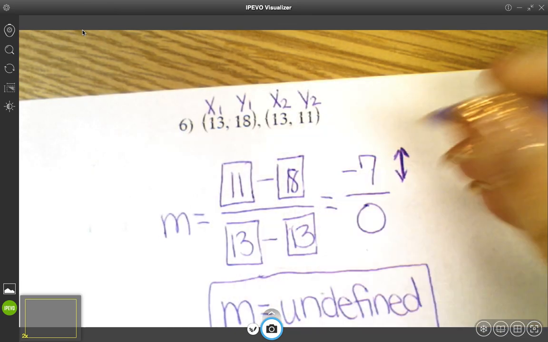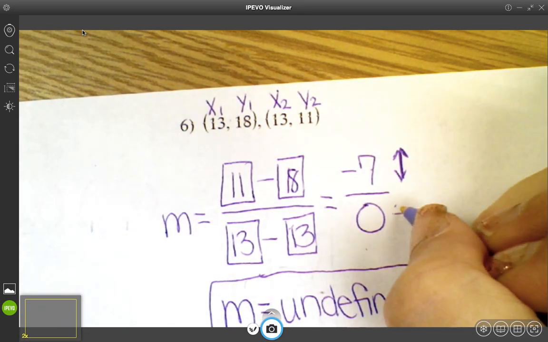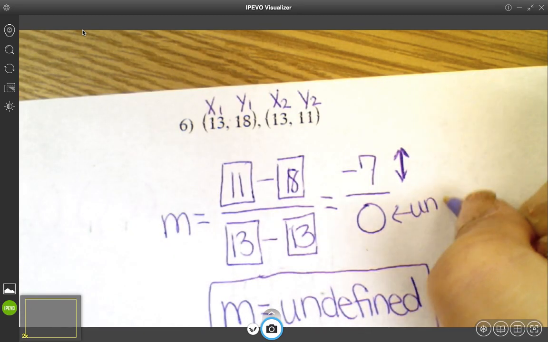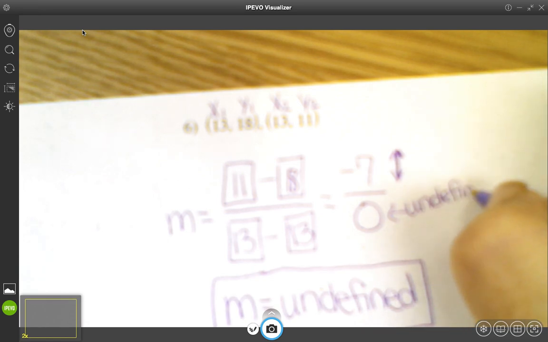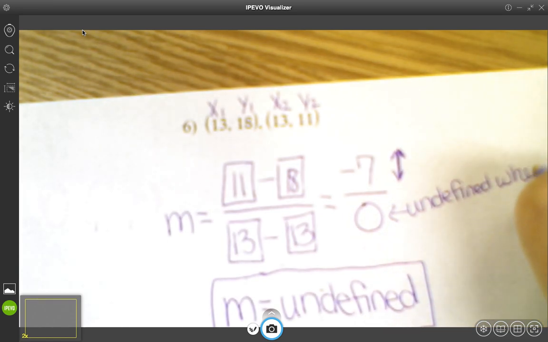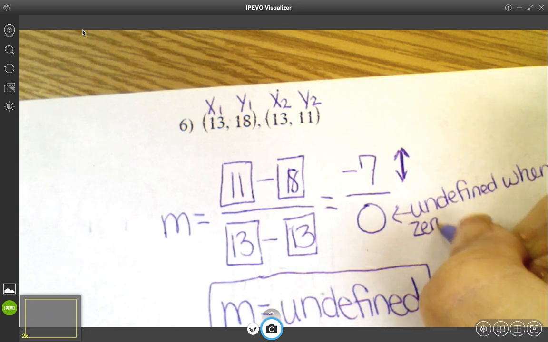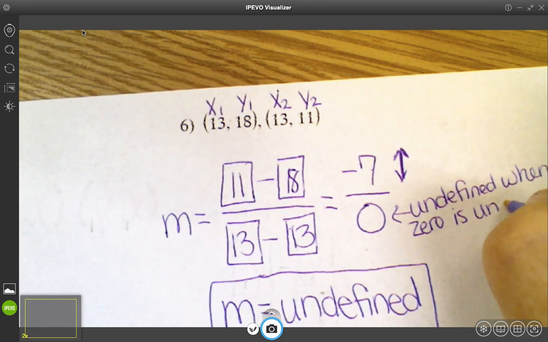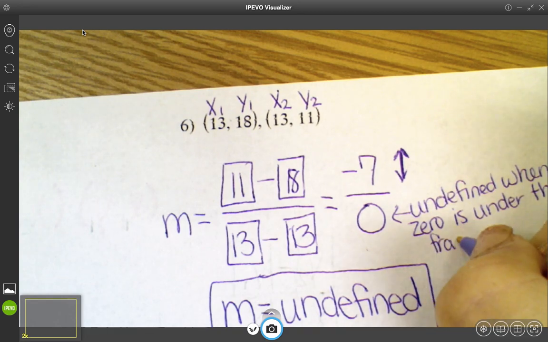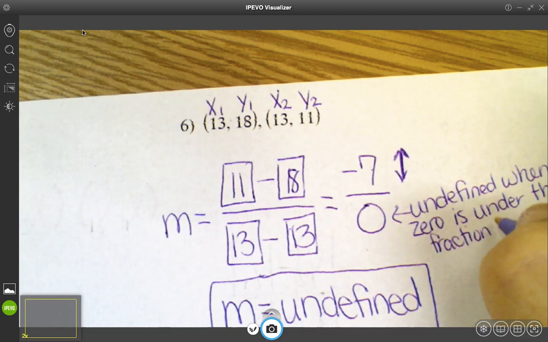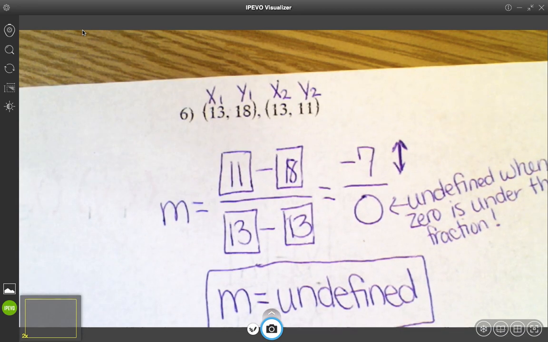And always remember, it is undefined when the 0 is under the fraction bar. When 0 is the under number on the fraction, it's undefined.